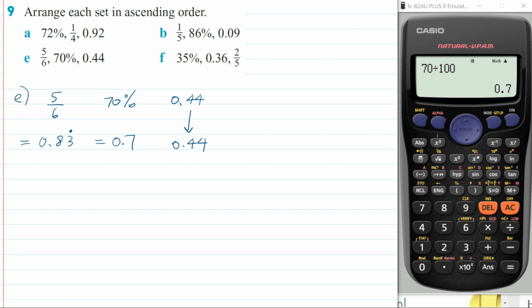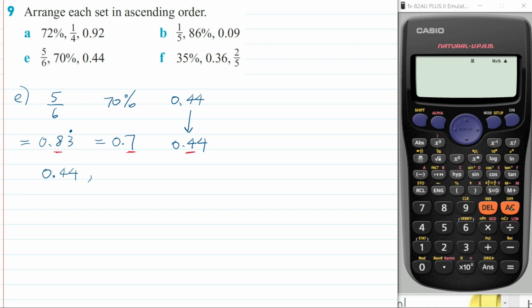Now we can compare these values much easier because they're all written in the same form. The first thing we're going to do is look at the first non-zero digit. That's 8 in the 10th place value, this is a 7 in the 10th place value, and that is a 4. Which one of these is the smallest digit? Obviously it's 4. So I can start by writing that number down. My first number in the list is 0.44.